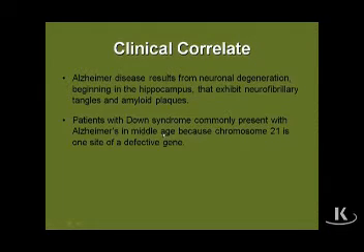Interestingly, a common cause of Alzheimer's is a genetic defect associated with chromosome 21. This is thought to be why a Down syndrome patient, who has trisomy 21, is predisposed at an early age to develop Alzheimer's dementia.